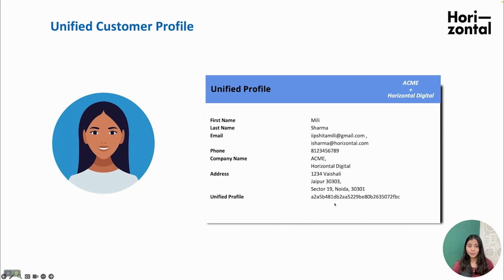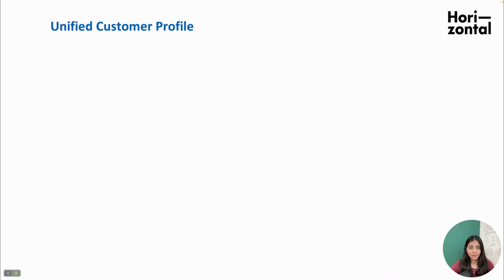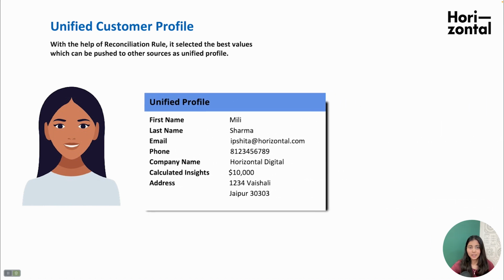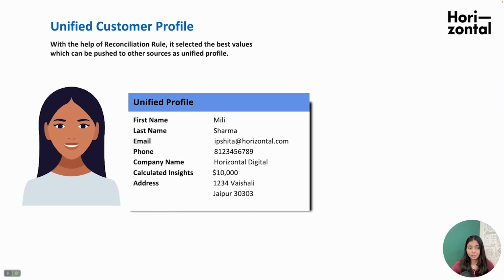Now we know that Millie is currently active with Horizontal Digital, but how would Great Lakes identify which company Millie is currently active with? This problem is also resolved with the help of the Data Cloud reconciliation rule, which says that you can pick the best values and push those values to different sources.